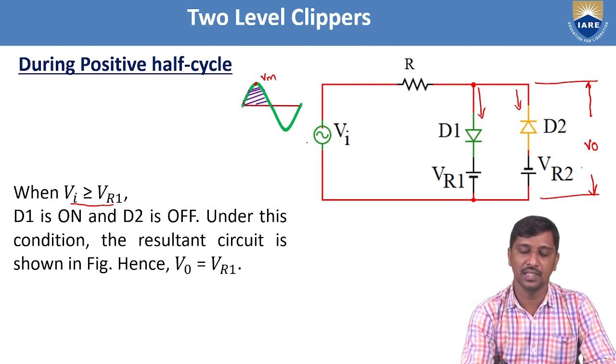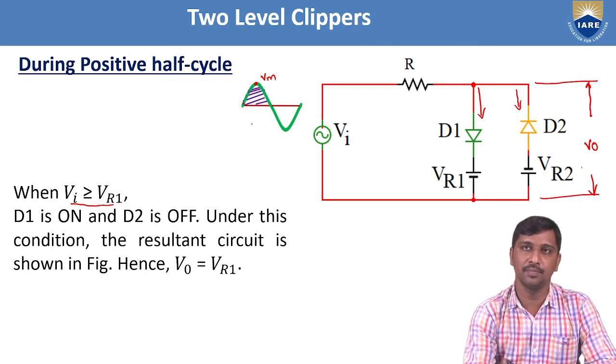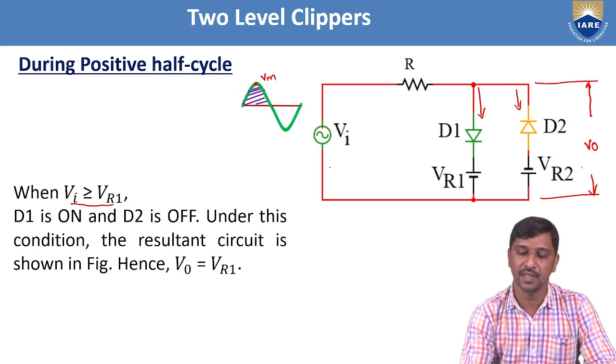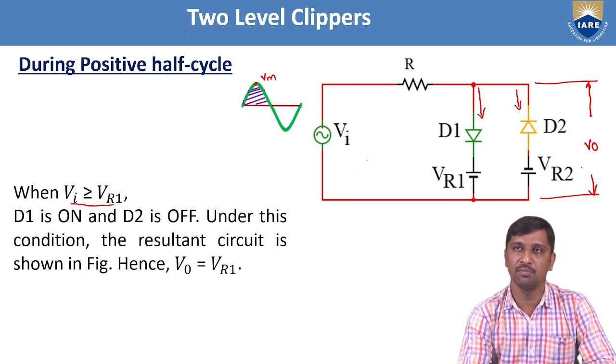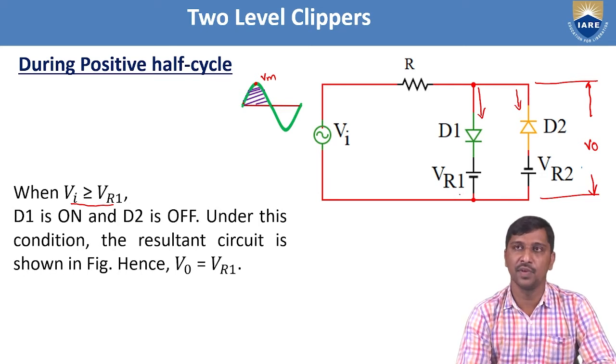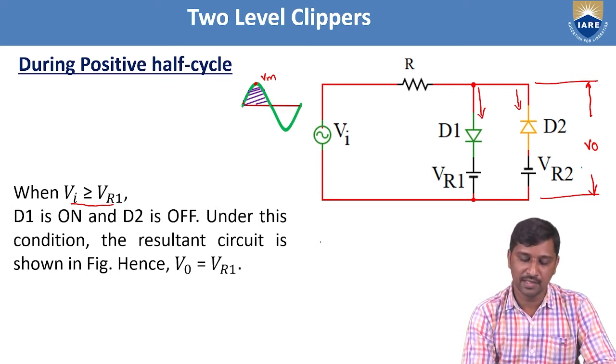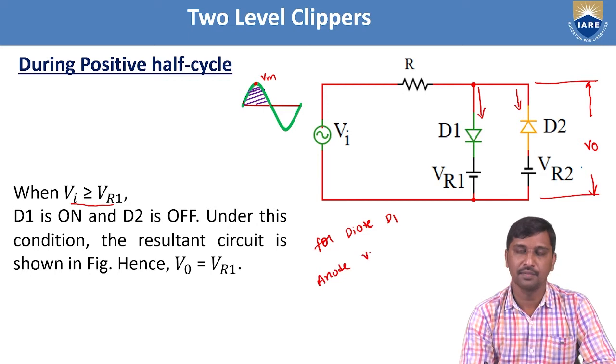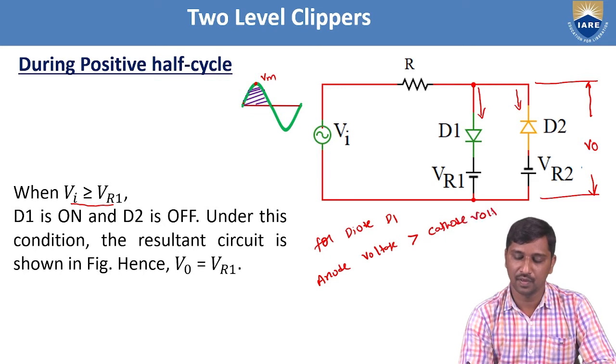And we assume that when an input signal reaches towards the Vm, let us assume that the input voltage is greater than or equal to the given DC reference voltage 1, that is VR1. What happens here for diode D1? The anode voltage becomes greater than the cathode voltage here.